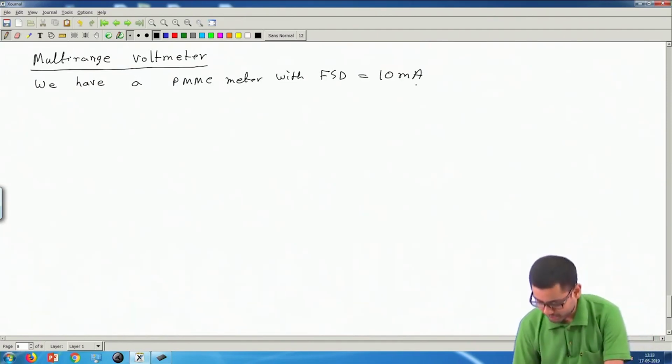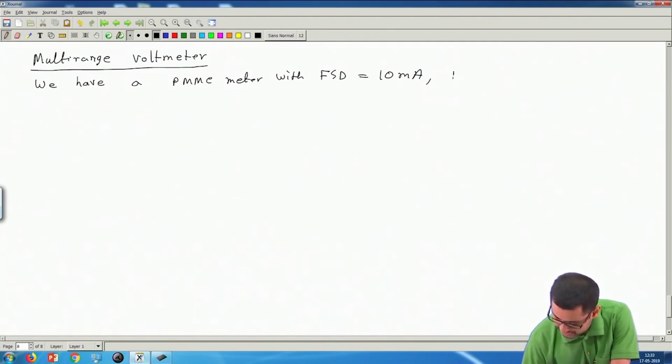This is my favorite number, 10 milliampere, and say Rm equals 100 ohm.